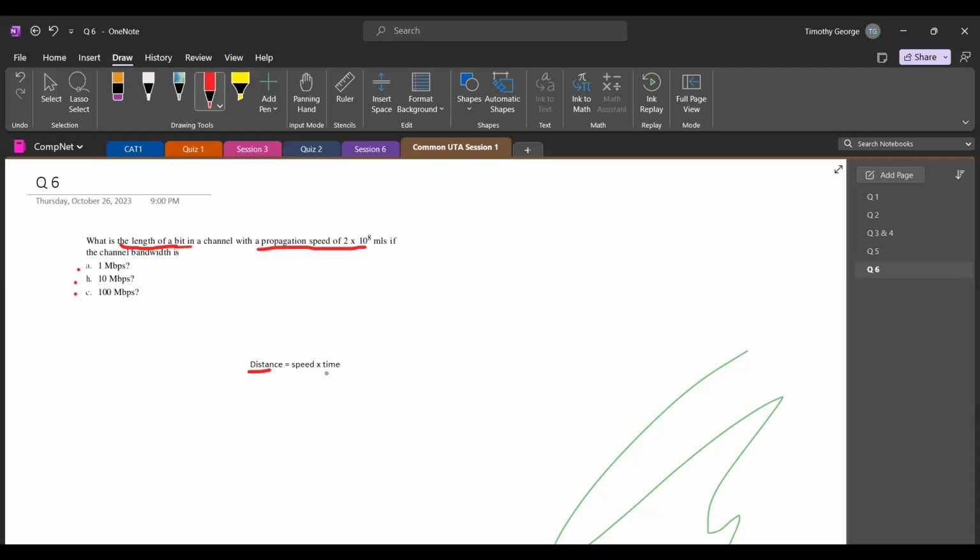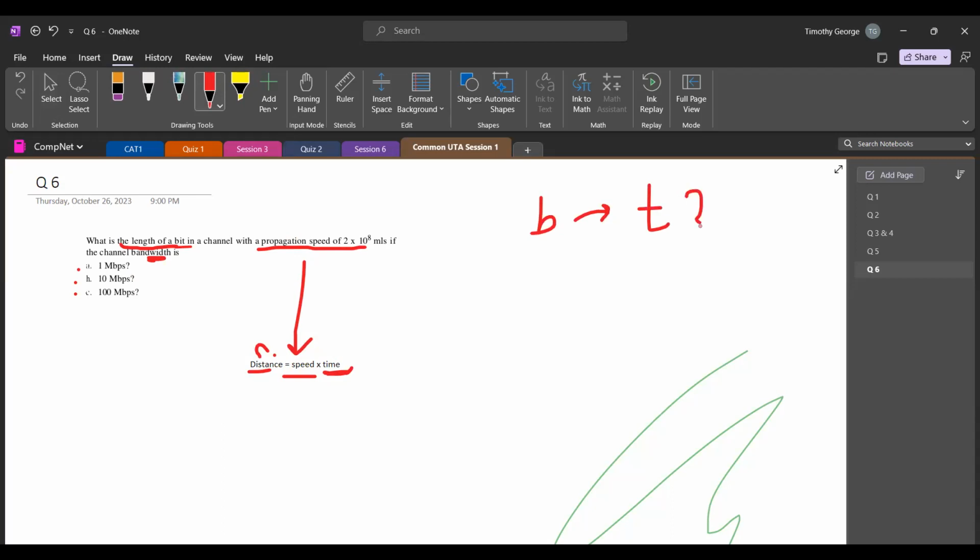What is the distance? What is the speed? What is the time? Speed is given directly here. Distance is what we need to find out, that's the unknown. Time is what we don't have. We are given bandwidth instead of time. So from the bandwidth, how do we convert it to time?